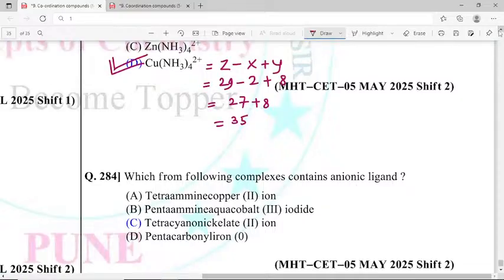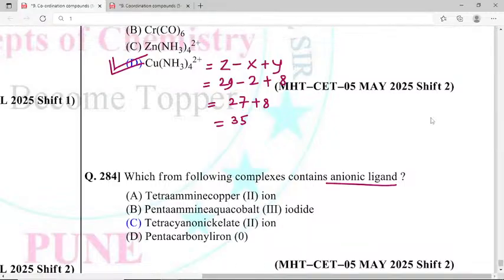Which of the following complexes contains anionic ligands? This is tetraammine. Ammine is a neutral ligand. Pentaammine, neutral ligand. Aqua, neutral ligand. Tetracyano: cyano is the anionic ligand, negative charge. So it contains CN minus.